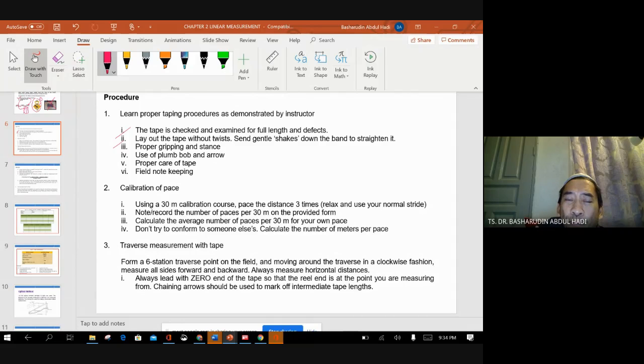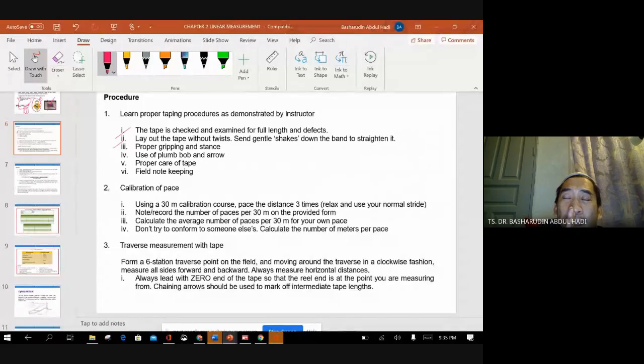Then you pull it to 30 meters and you take the old tape that you want to calibrate. You pull the tape parallel with the new one and you see the difference at 1 meter, 2 meter, 3 meter, 10 meter, 11 meter until 30 meter.